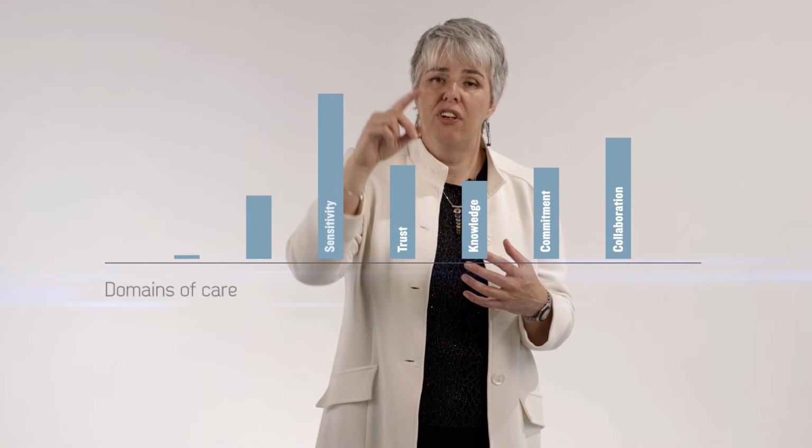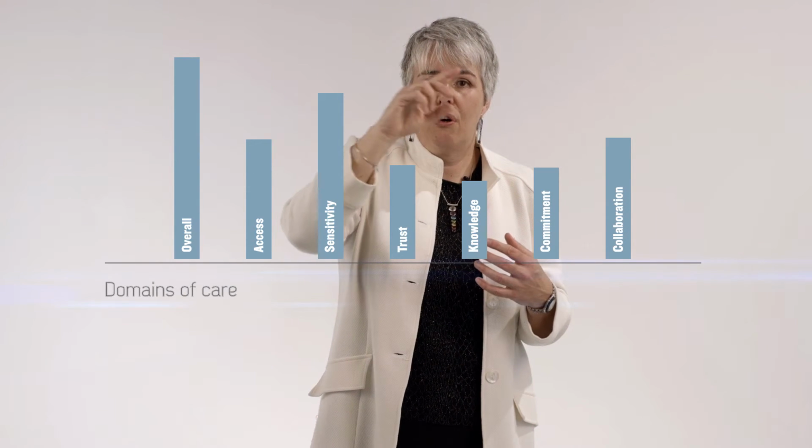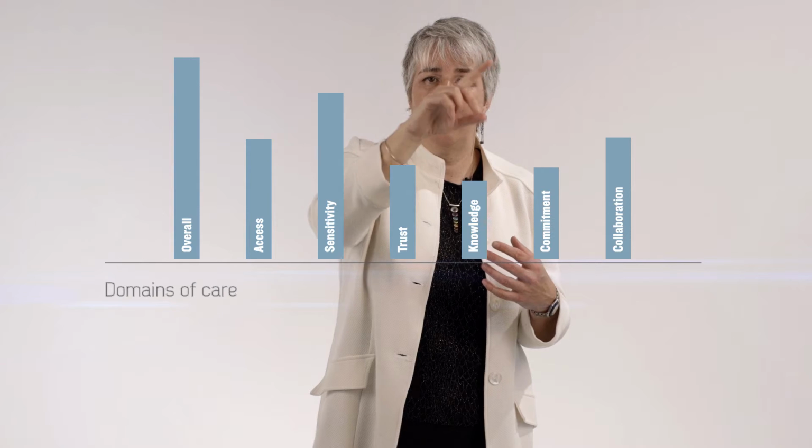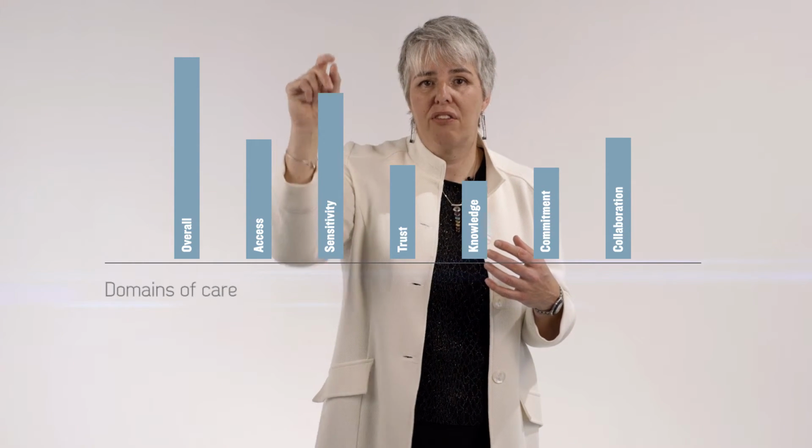And they're based on the literature. And what we're now able to do, now that we have data that's come in through the Data to Decisions report, is calculate what the score is of each team on each of these domains of care.